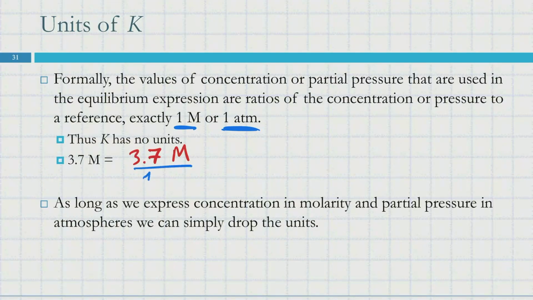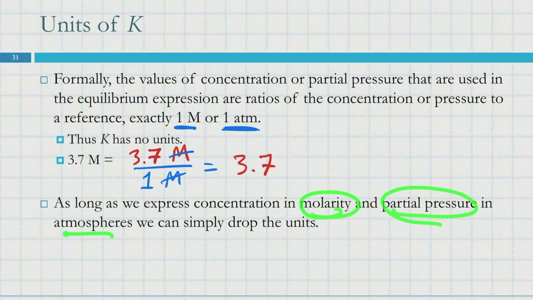So for example, that 3.7 molar is relative to 1 molar, just to get rid of the units, so we would just write 3.7. As long as you're expressing them in molarity and partial pressure in atmospheres, then you can just drop the units and everyone else should know what the units are supposed to be.